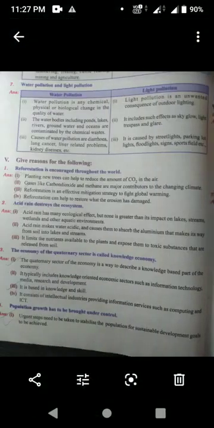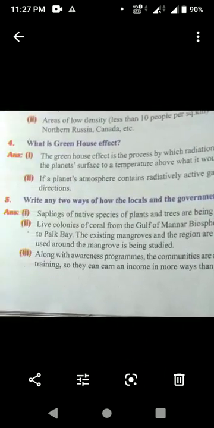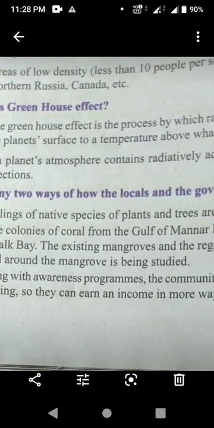Now, fourth one: write any 2 ways of how the locals and the government restore Park Bay. That is in the guide, we want to learn, okay? Saplings of native species of plants and trees are being grown, planted and cared for.